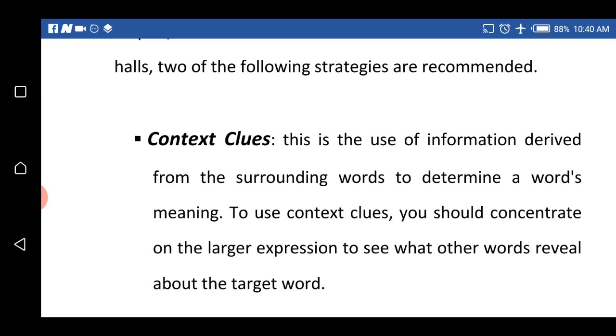To use context clues, you should concentrate on the larger expression, as I just said now, to see what other words reveal about the target word. That is, the very word we are told to find or replace with another word or phrase.